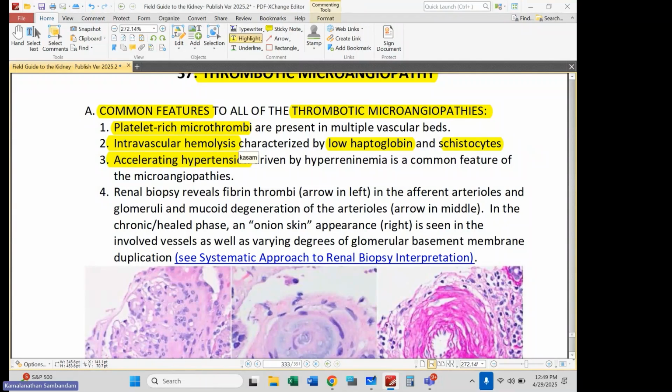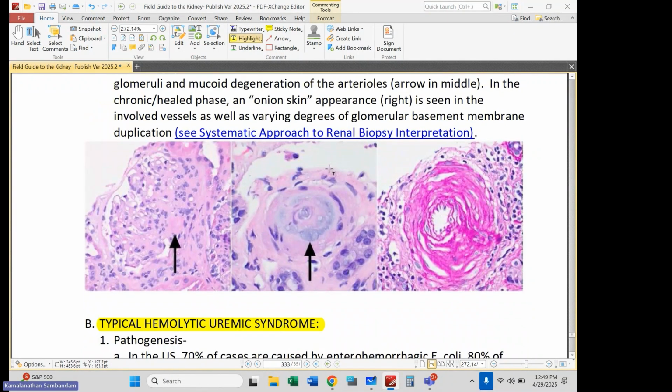Now, often patients with thrombotic microangiopathy have accelerating hypertension, and that makes sense pathogenically because they have these microthrombi present in some of the small vessels, including the afferent arteriole. If these microthrombi impair the perfusion of the nephron units downstream of that, you would predictably get increases in renin.